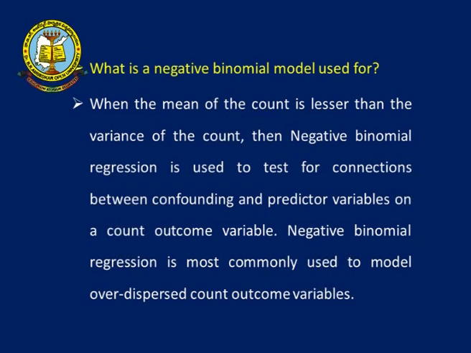Negative binomial regression is the most commonly used model for an over-dispersed count outcome variable, using the NBD, that is the negative binomial distribution.